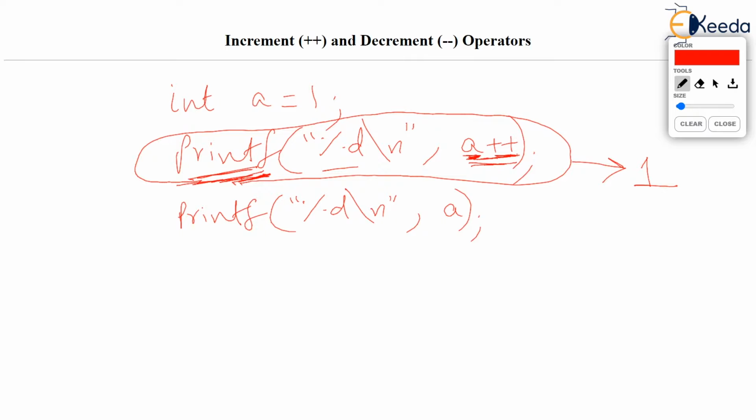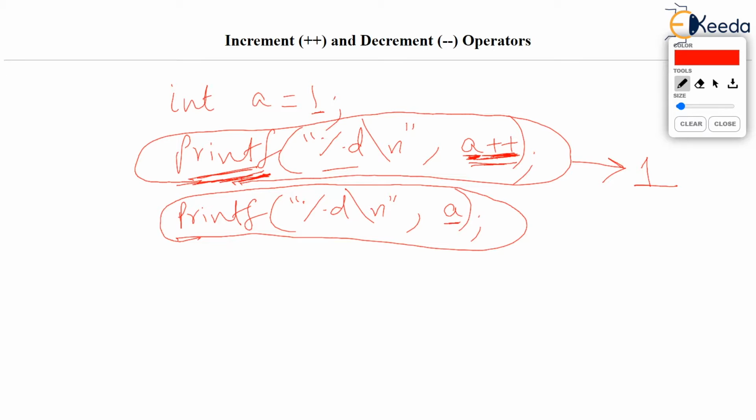As you see, a is 1 initially. But what happens after the printf? After the printf, you know that a has got increased by 1. So when this printf runs, we have requested this printf to print the value of a. But you know that previously a had got increased by 1 due to a plus plus. So the current value of a now is 2.